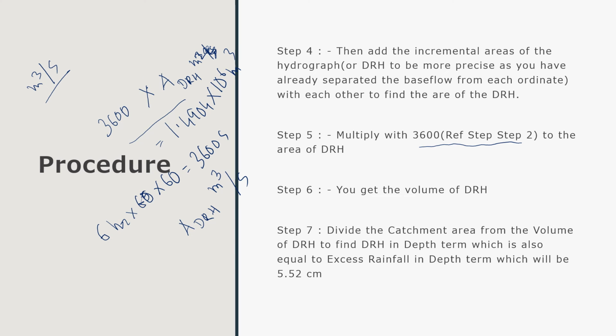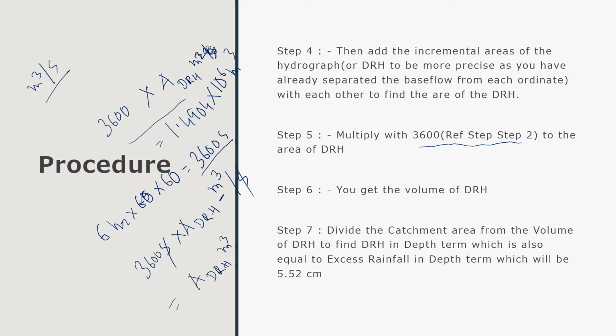And when you multiply this 3600 second with the area under DRH, both of these seconds will deduct out, and only meter cube will remain. So ultimately, after multiplying 3600 with the area of DRH, you will get area of DRH in terms of meter cube.